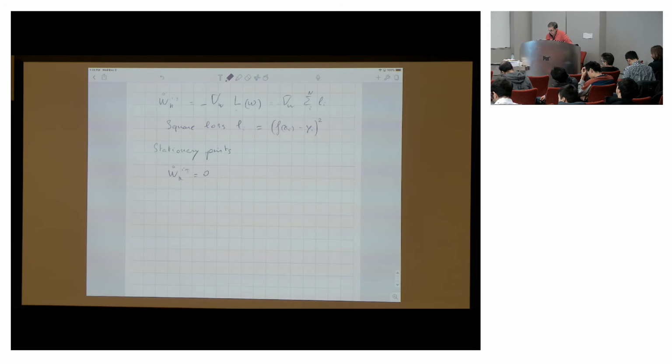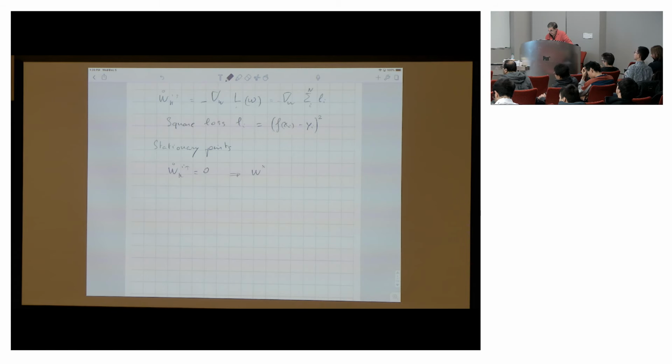And so this can define a point maybe at infinity when the derivative is 0, and we are interested in characterizing whether these stationary points are minima, stable minima, or not.